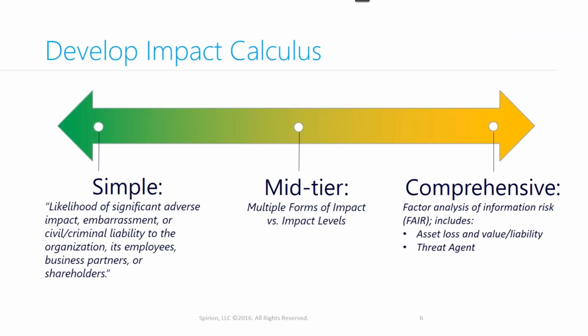It ranges from the simple, something very qualitative, where you literally make a statement about the potential impact, to something comprehensive where you have lots of variables, lots of figures, and the ability to really reduce those down to a value, and then you have parts in between. For our purposes today, we're really going to touch upon the first two.